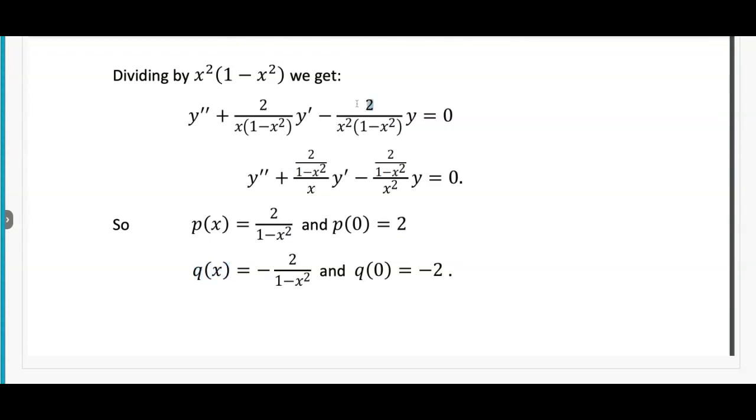Little q of x is capital Q multiplied by x squared. Then we see this x squared term cancels to be 1. So little q is minus 2 over 1 minus x squared. And q naught is q of 0, which is minus 2 over 1, which is minus 2.